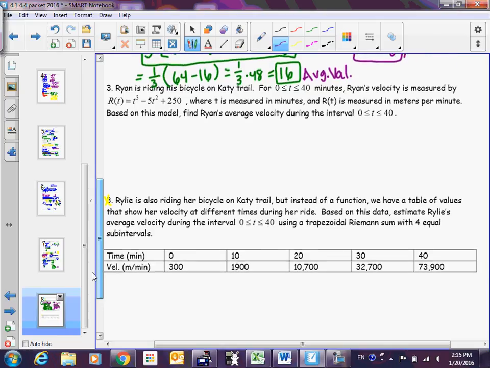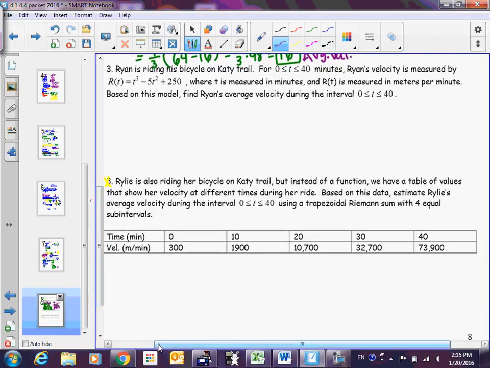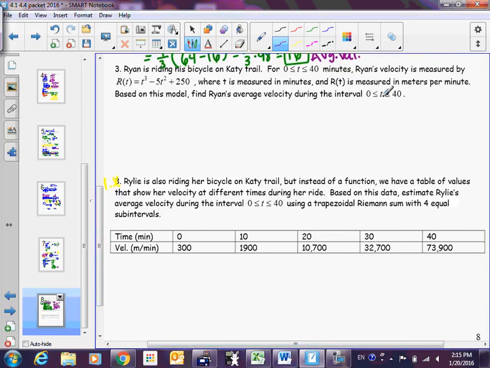All right, here's how this would look in a word problem. And it's actually not bad because almost all the time, these are calculator problems. So we're not going to do any of the nitty gritty math by hand. We need to be able to interpret, though, what to do. So Ryan is riding his bicycle on Katy Trail.